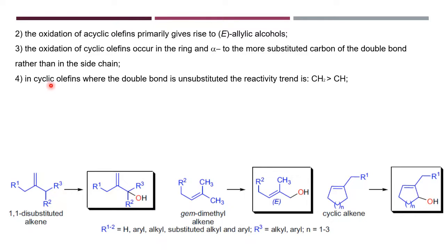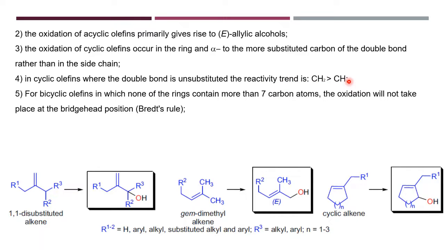Again, in cases of cyclic olefins where the double bond is unsubstituted, the reactivity trend is CH2 greater than CH. And at the very last point, we will say for bicyclic olefins in which none of the rings contain more than 7 carbons, the oxidation will not take place at the bridgehead position because of Bredt's rule, which says an sp2 hybridized carbon cannot be formed at the bridgehead because of the ring strain.